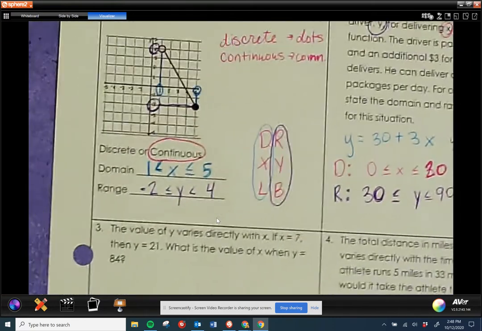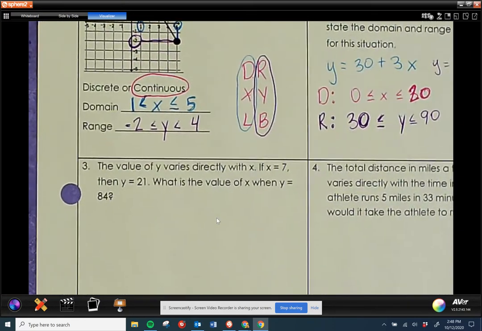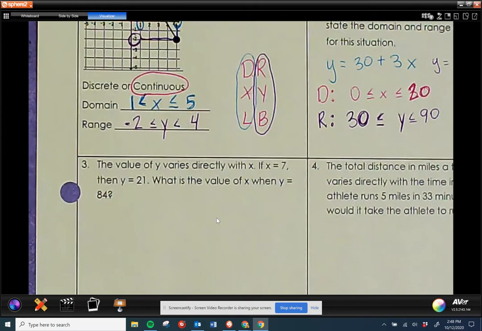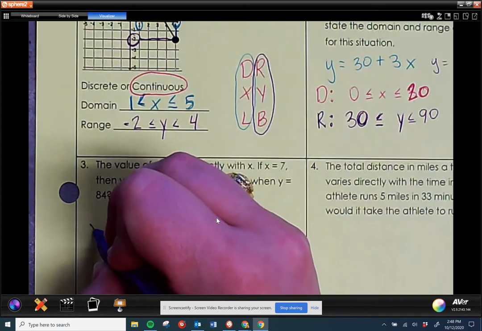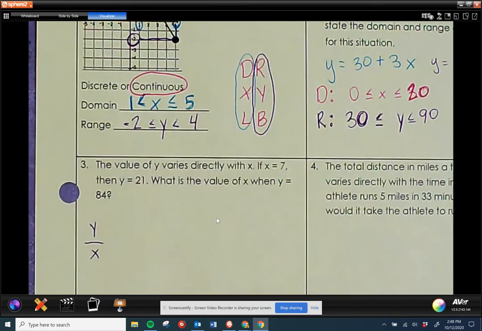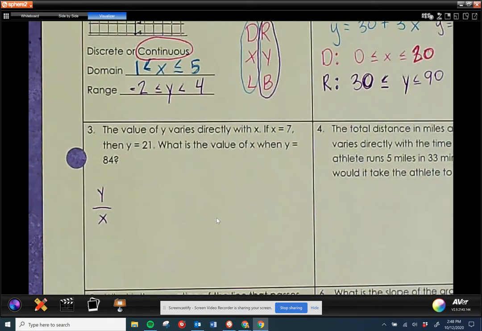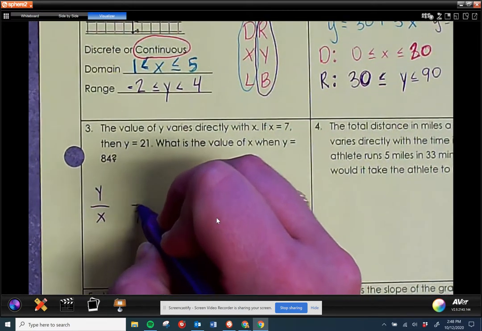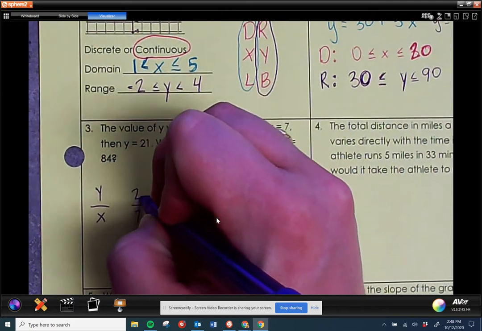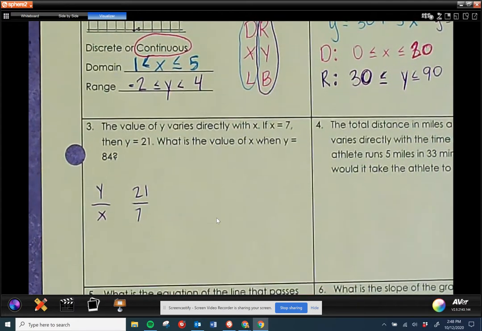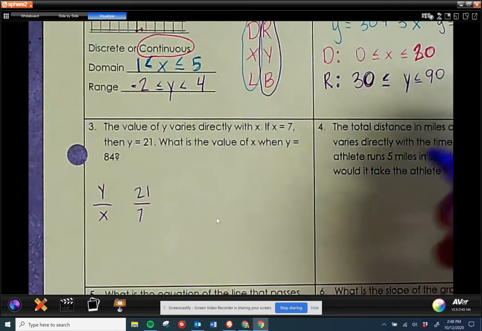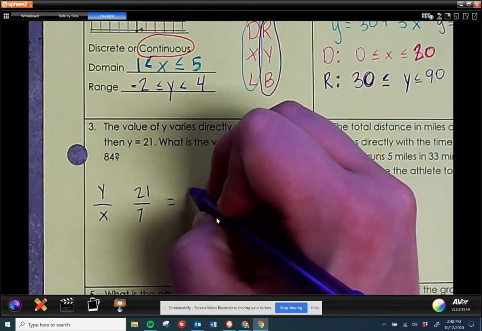Okay, the value of Y varies directly with X. Remember, when we do direct variation, we are always going to put the Y value on top of the X. It says if X is 7, so let's go ahead and fill in our 7, then Y is 21. Okay, what is the value of X when Y equals 20, or when Y equals 84?